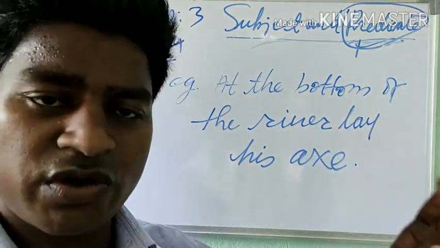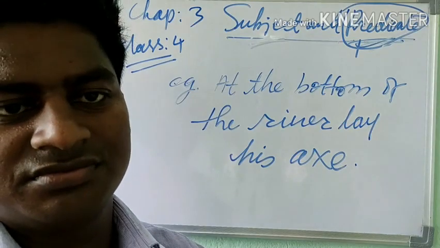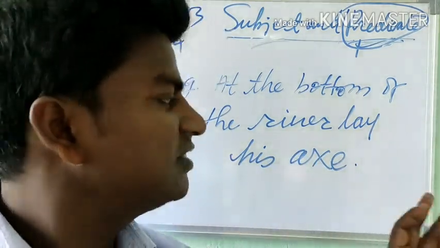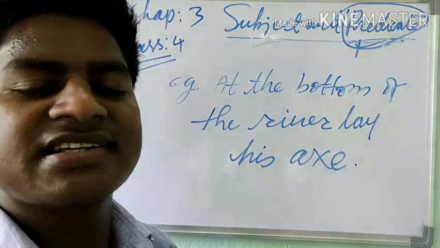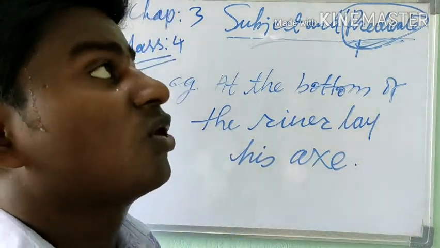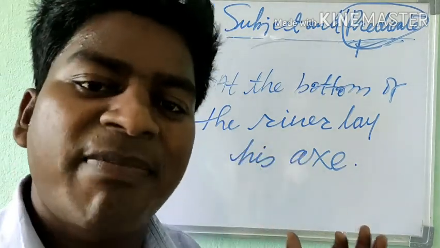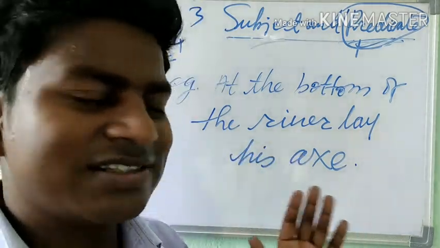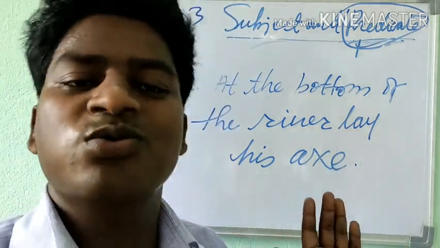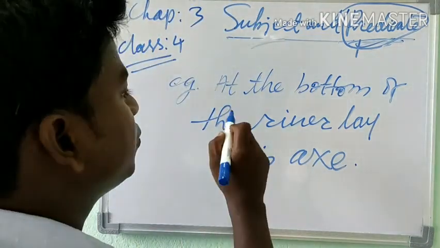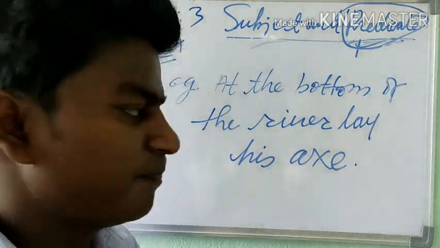We have to just try to find out the subject. And how? Read the given sentence, ask the question, what is the sentence about? Let us read this one. For example, in this sentence, we do not have the subject at the beginning.